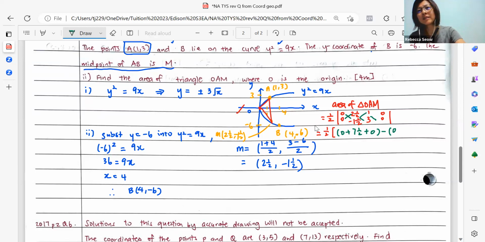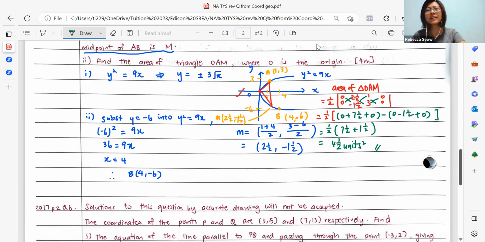Minus 1.5 times 1 is negative 1.5. And 3 multiplied by 0 is 0. If you simplify, within the first bracket we have 7.5, within the second bracket we have negative 1.5. But if we subtract, it's 7.5 plus 1.5. From here we end up with our answer, 4.5 units squared. So that's our solution for the question.